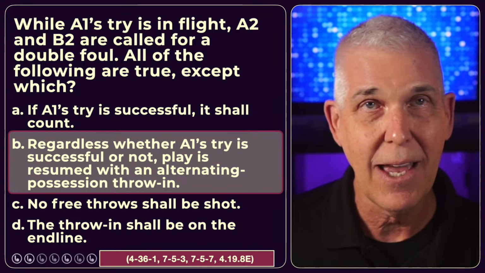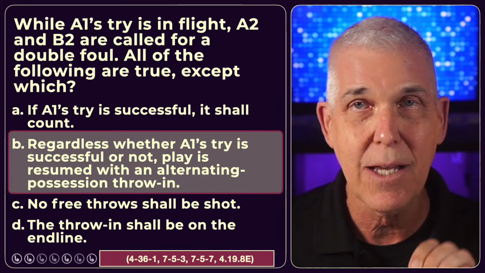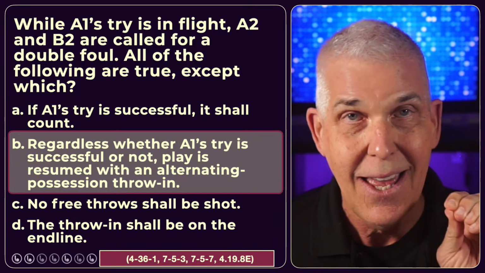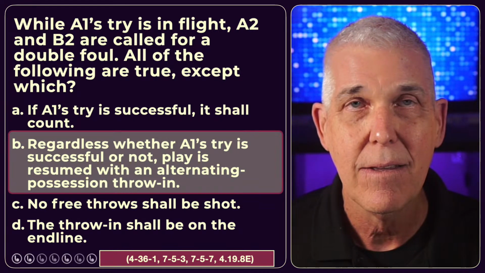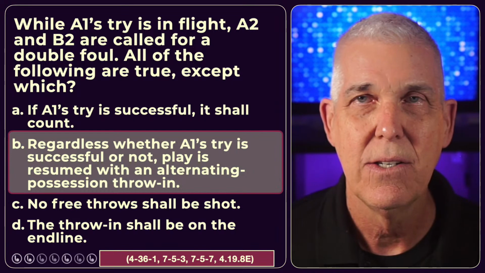A1's try is in flight. A2 and B2 are called for a double foul while the try is in flight. That does not make the ball dead. This is an incorrect answer.